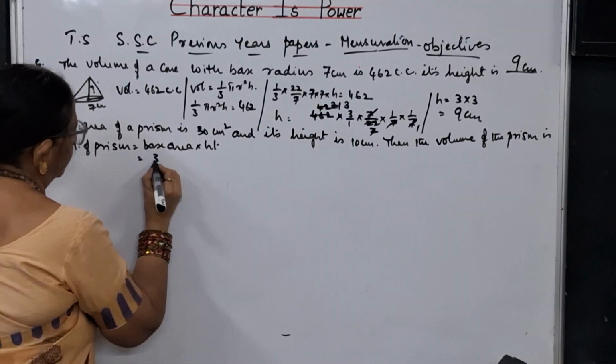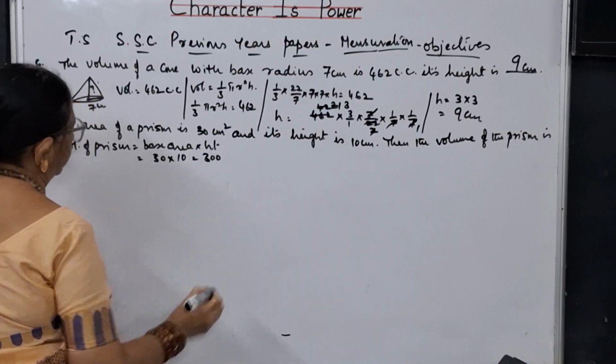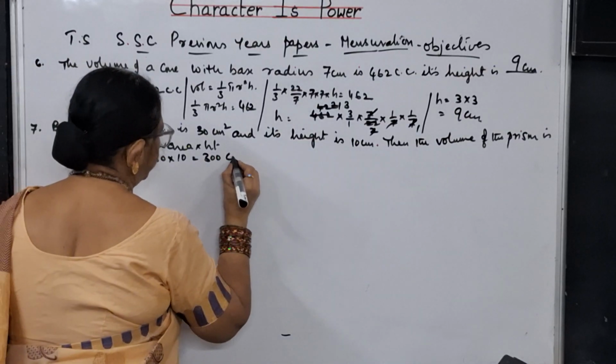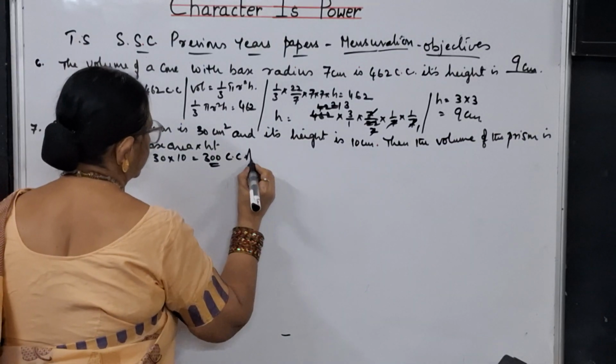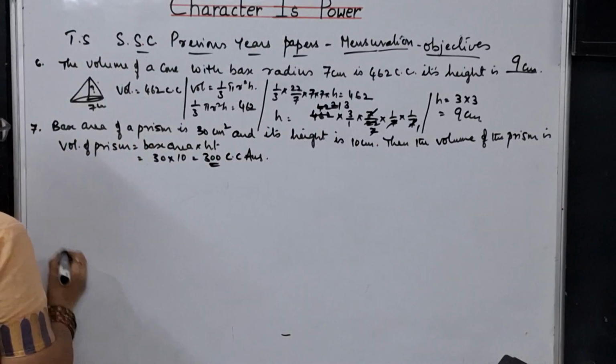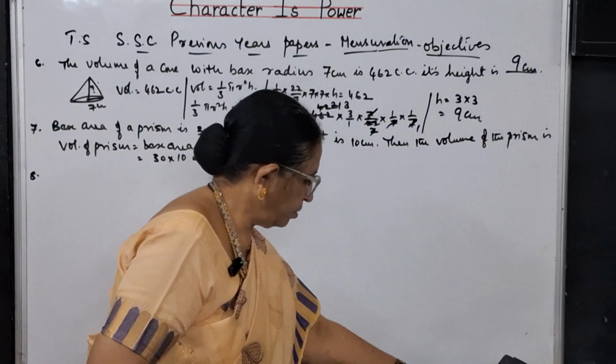So base area is 30 into height is 10, 300 cubic centimeters is the answer. Now, eighth one.